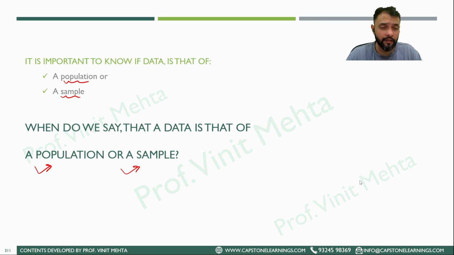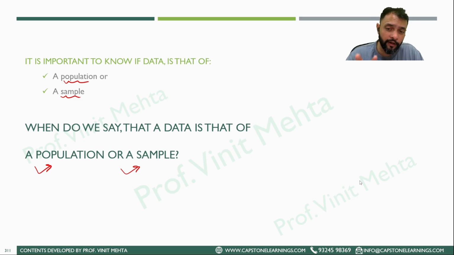But let's say I want to know how the colleges are in terms of their education in the overall world. Then the data set of those 10 Indian colleges becomes the sample. So whether the data is a population or a sample really depends on the objective of your research, don't you think?